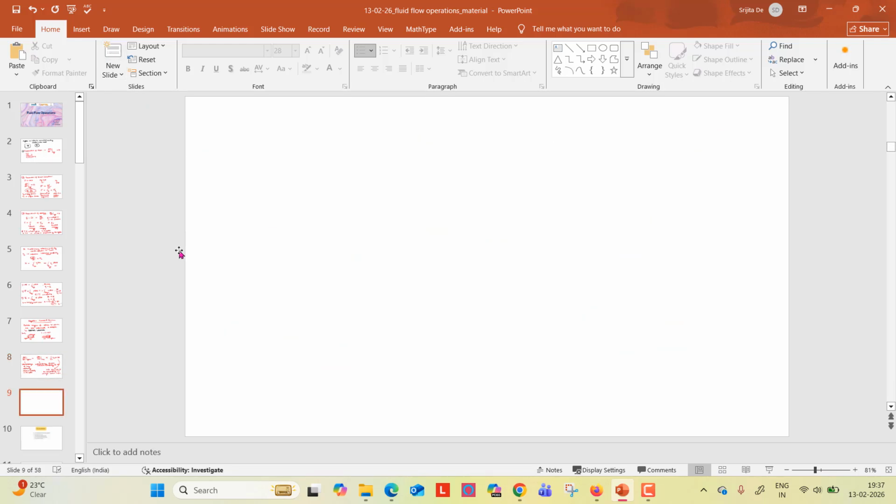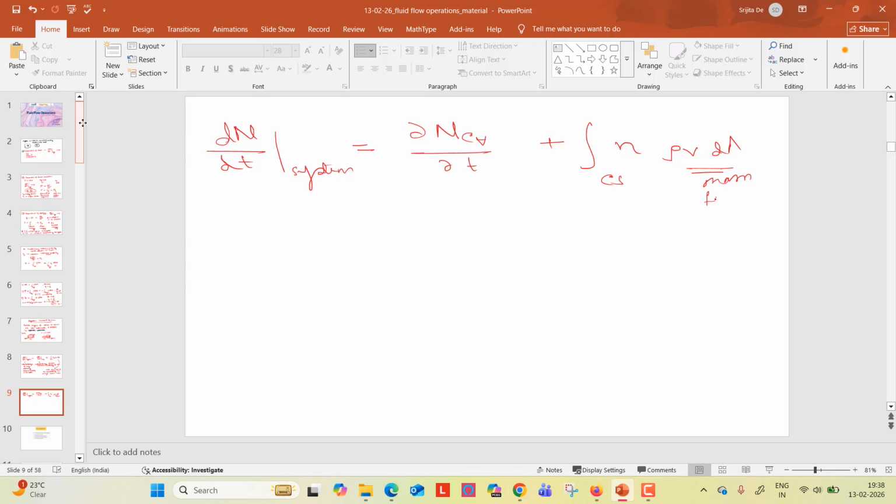The rate of change of extensive property in the system is del N of control volume by del t plus the net flow rate through the control surface. This is eta rho V dA. This is the mass flow rate, kg per second.